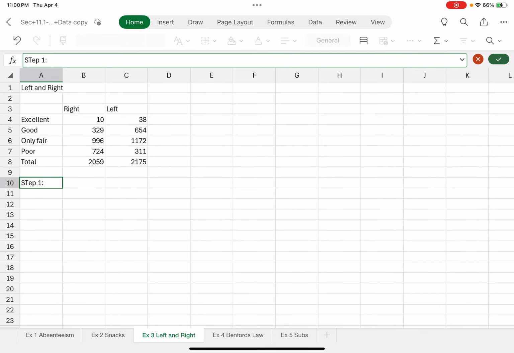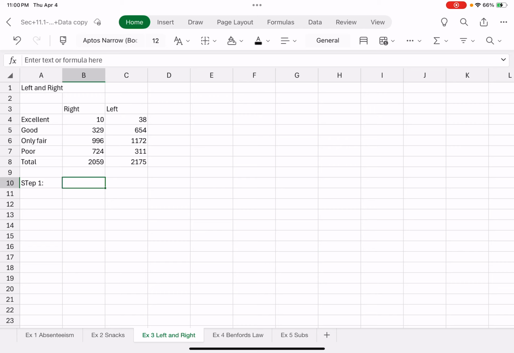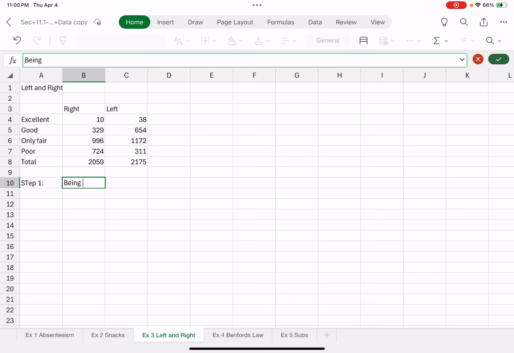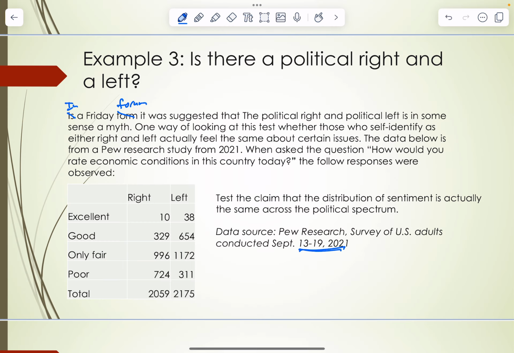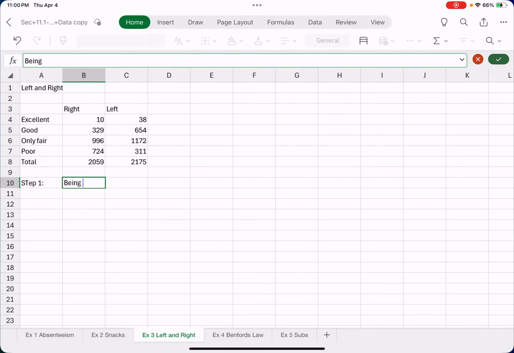Step 1. What was it again? A test that claimed that the distribution is actually the same.